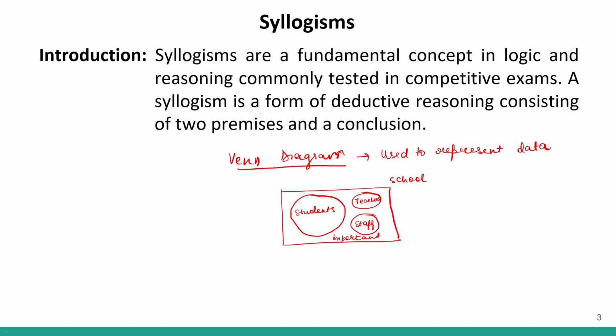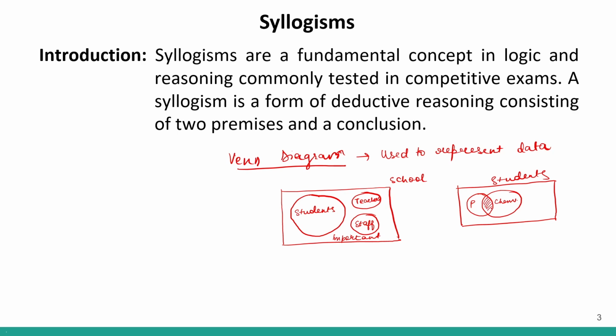Similarly, let us look at the students in a school. Let's say this rectangle represents the student structure, so this is the complete number of students that are there. In this school, there will be some students studying physics, some students studying chemistry, and some students that study both.